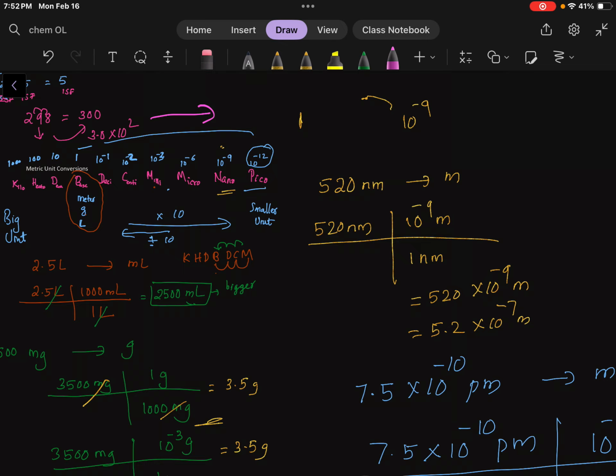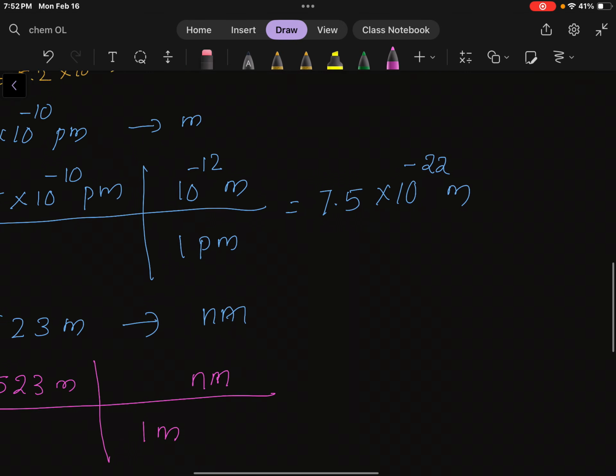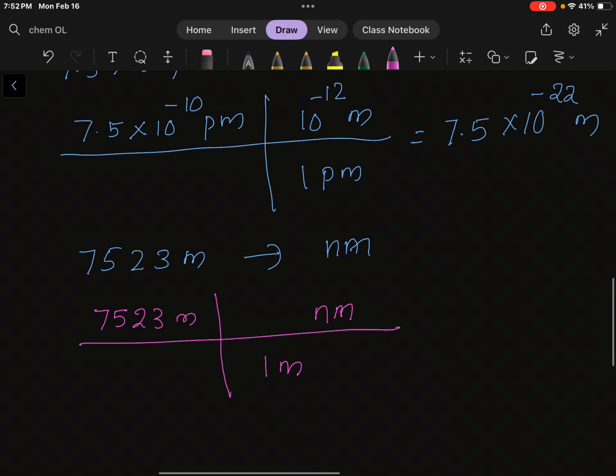This time we are going towards this direction. That means 1 nanometer is how much? 1 meter is how much meter? So we need to go backward. So I'm going to write 1 meter has how much nanometer this time? So it has 10 to the power of 9 nanometer will be there.